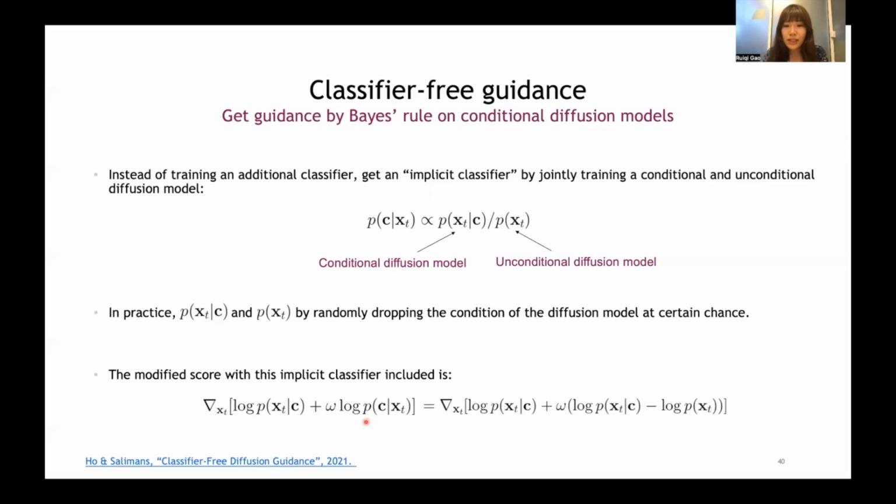And now we replace the log p(c given x) by log p(x given c) minus log p(x). And this is the resulting modified score we will use with this classifier-free guidance, where this log p(x given c) and this log p(x) are both estimated by the single diffusion model.